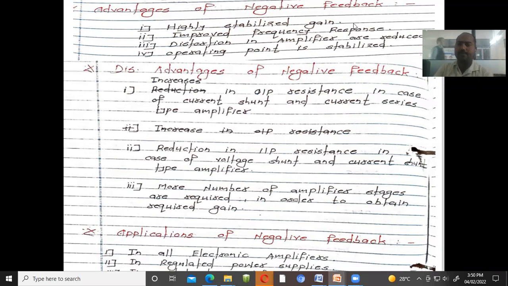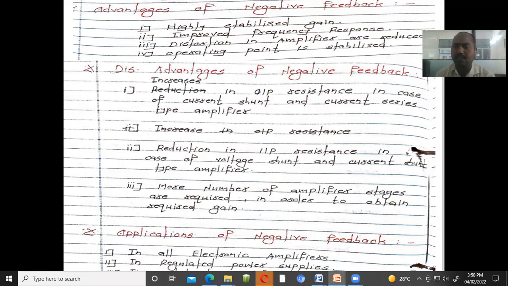Now see, improved frequency response. What is improved frequency response? When we operate your amplifier from 20 Hz to 20 kilohertz, right? It is the operating area of your amplifier, right? But what happens sometimes, it is not operated in that particular scale, right? Why? Because it fluctuates, meaning it changes, right?